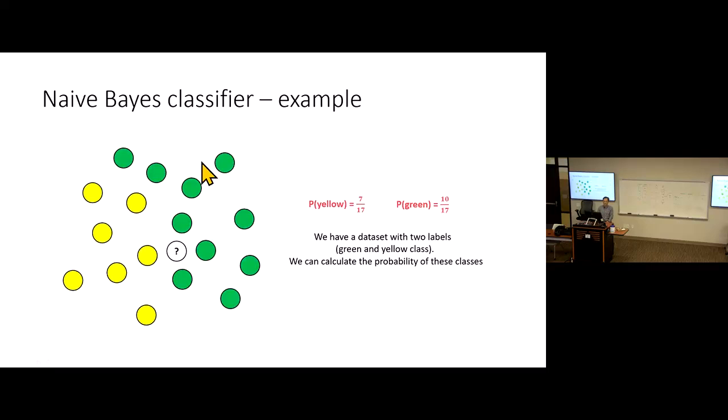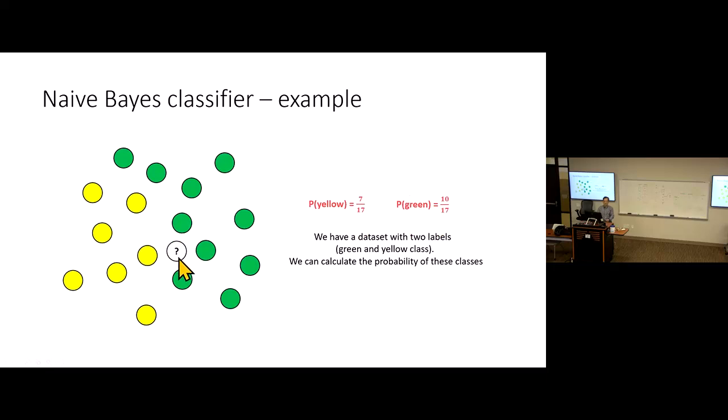If you don't have any idea whether a new data point belongs to yellow or green, you compute the prior probability, because you have 17 samples in total. There are 7 belonging to yellow, 10 belonging to green.